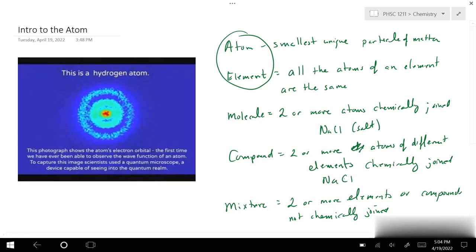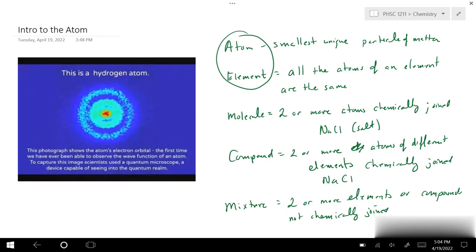You've got peanuts, pretzels, cereal, something like that. They're not mixing together. You can actually pull the individual particles out. A cake would be a compound because it's mixed chemically and you have something new. A can of mixed nuts is a mixture because you have different types of nuts in there.